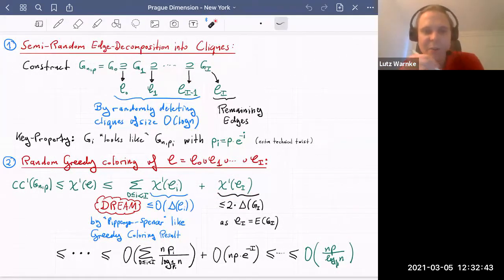So how many colors do we need to color these remaining edges? Well, the nice thing is that if we just color edges, then we have some very simple bounds for how many colors we need. There's Vizing's theorem, or you can just use a trivial greedy algorithm, which will tell you that you can color the edges of this thing using twice the maximum degree. Okay, using twice the maximum degree.